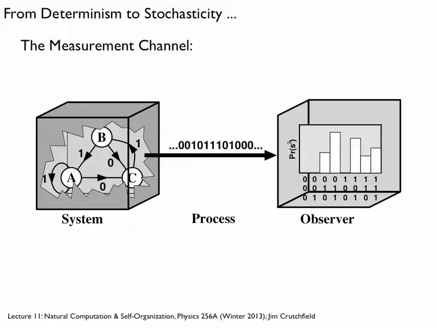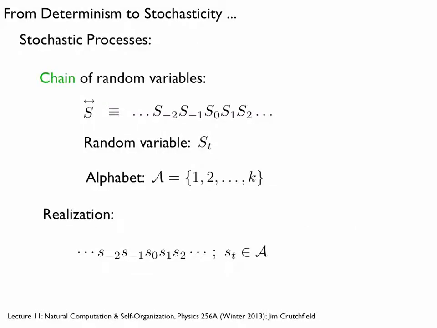Okay, so we're marching along here, marching along the measurement channel. So like before, we're actually introducing a new set of ideas. It depends on our remembering some of the probability theory we've introduced before. But now we want to talk about chains of random variables. Namely, looking at a system as it's unfolding over time and imagining we're measuring the system at a sequence of times.